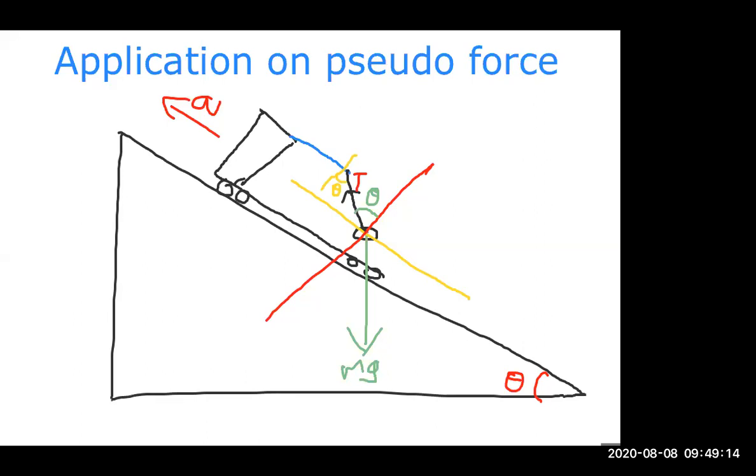Now I can resolve this tension into components. Here the angle it makes is theta, so I can write T cos theta in this line, and T sin theta in this line.